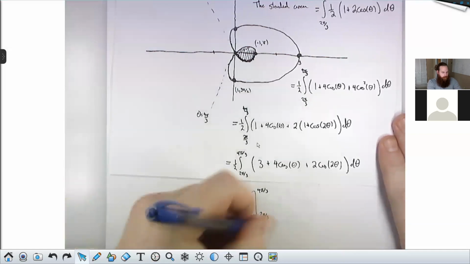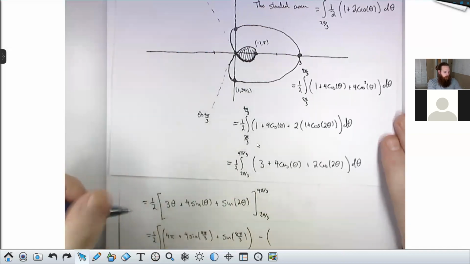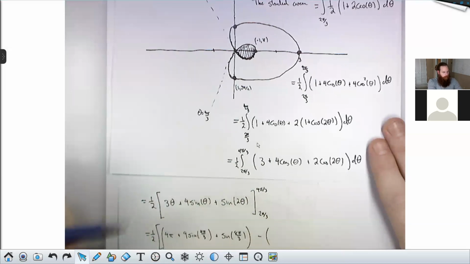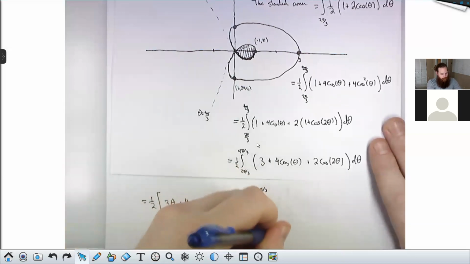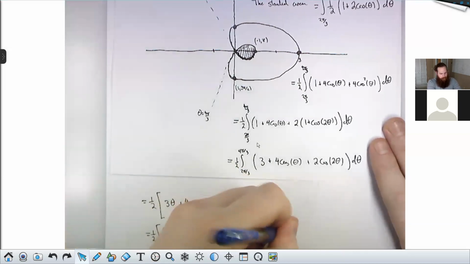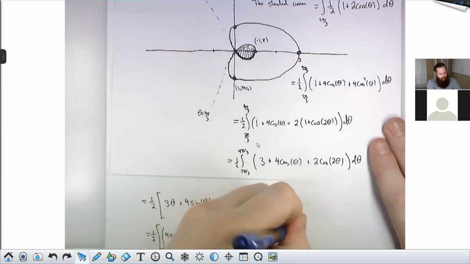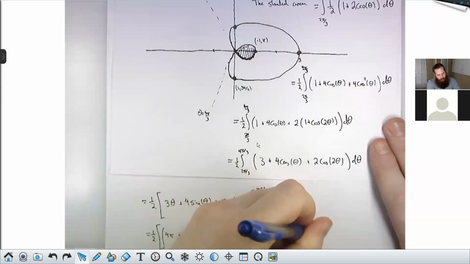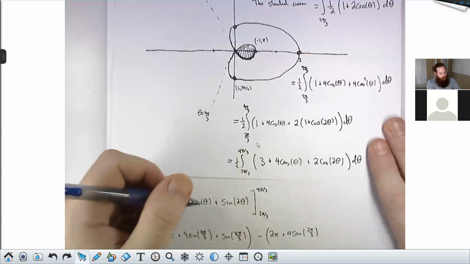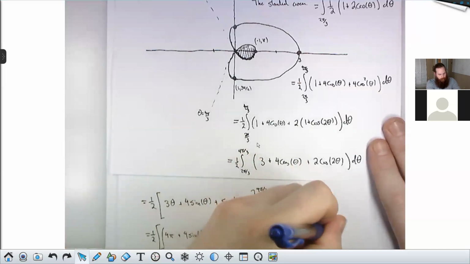That's my upper bound, and then I subtract what I get at my lower bound. 3 times 2 pi over 3 is just 2 pi, plus 4 times the sine of 2 pi over 3 plus the sine of 4 pi over 3.